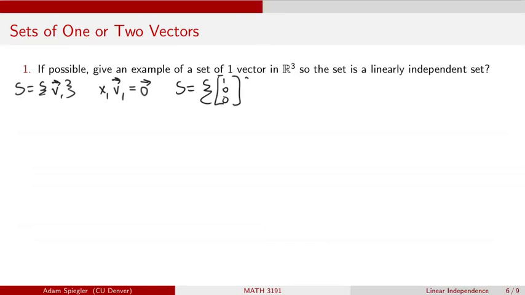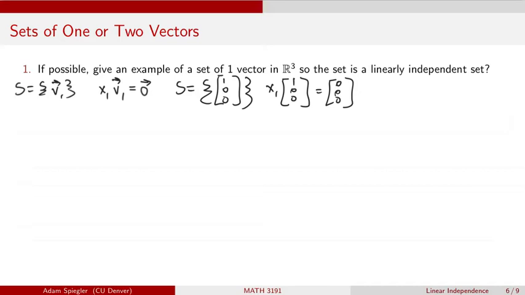For example, this vector is a linearly independent set with itself because the equation x1 times 1, 0, 0 equals the vector 0, 0, 0 only has a trivial solution, right?